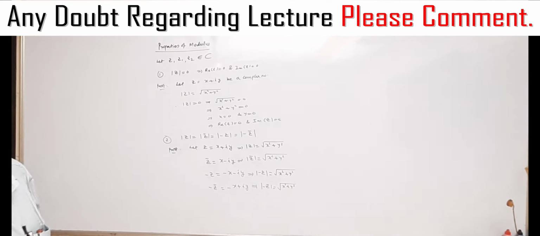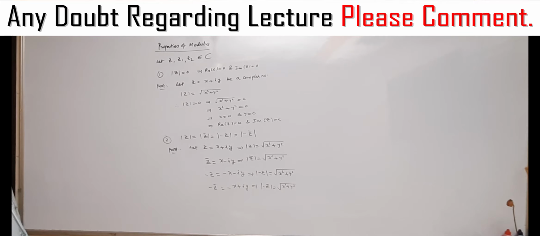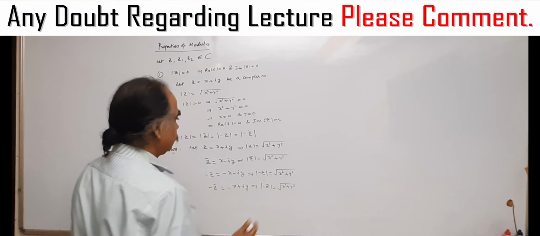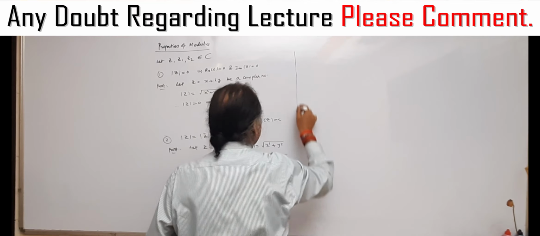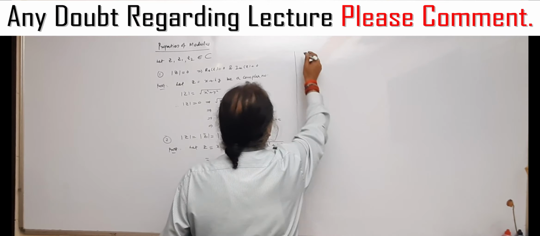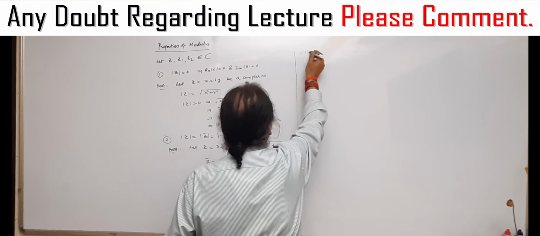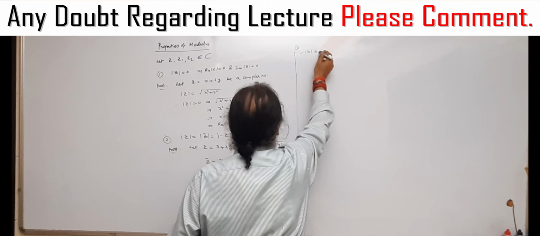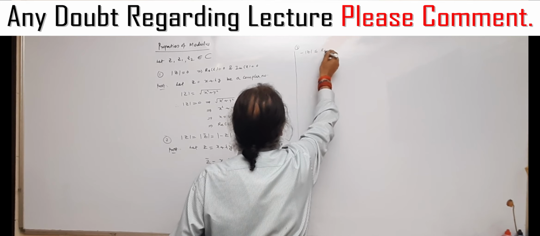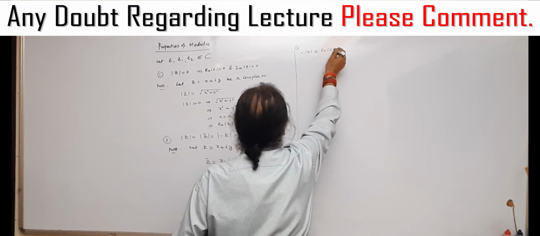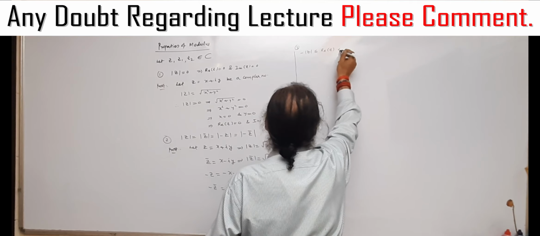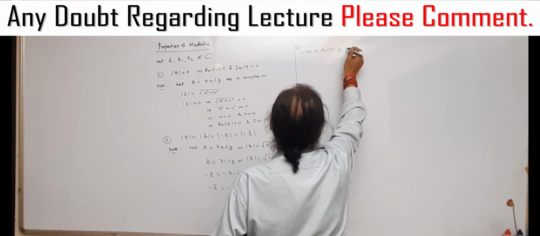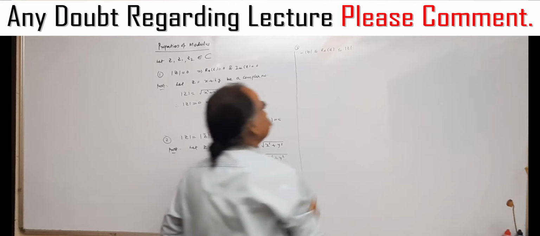The next is minus of mod z is less than or equal to real part of z, which is less than or equal to mod z.